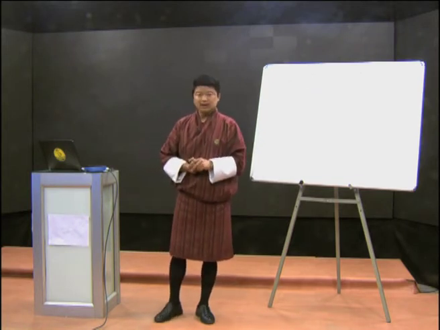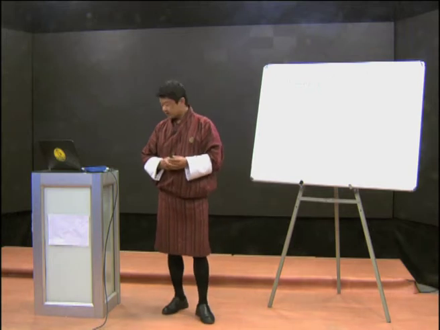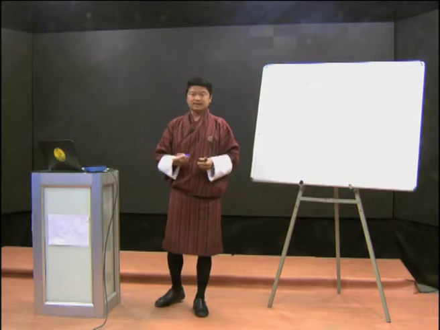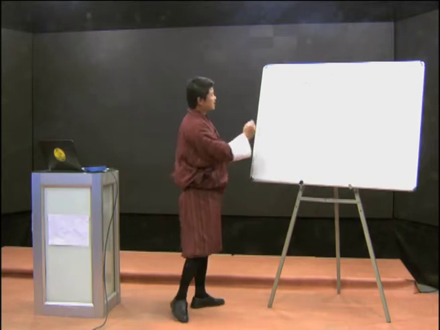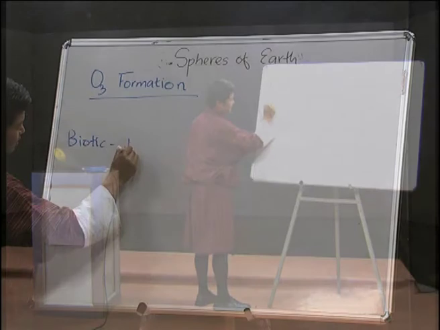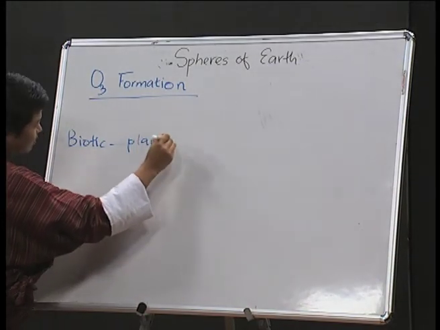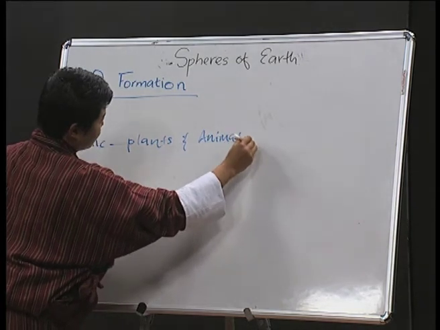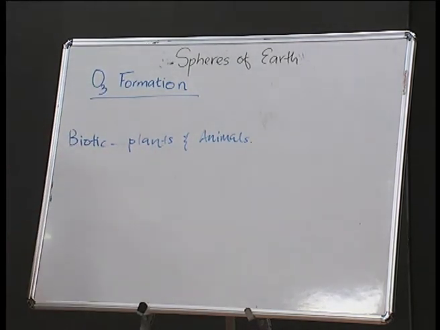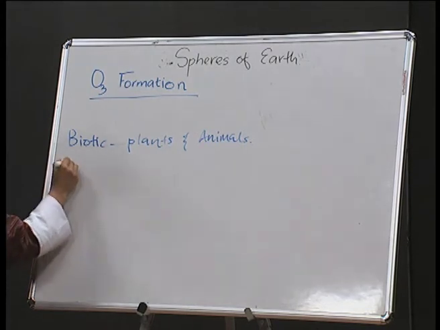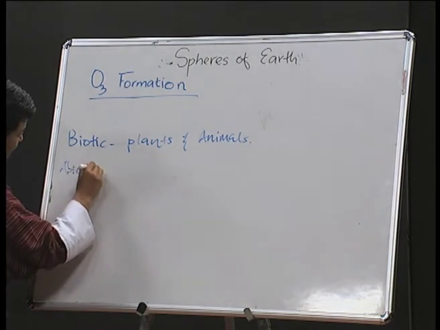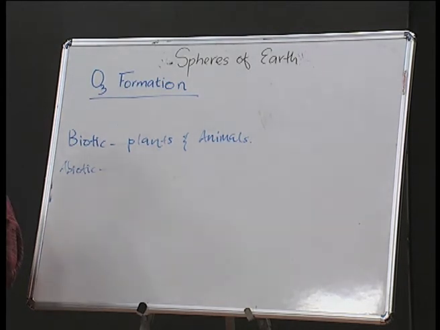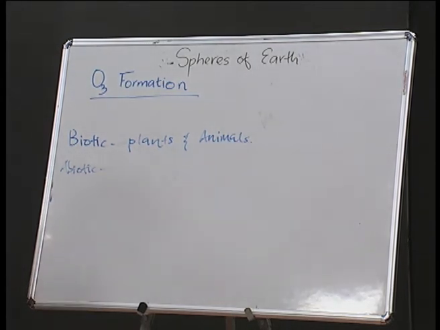Now what are biotic components? Biotic components are those components which are living things, especially the plants and animals. Now what are abiotic components? Those are non-living things that exist on this planet.